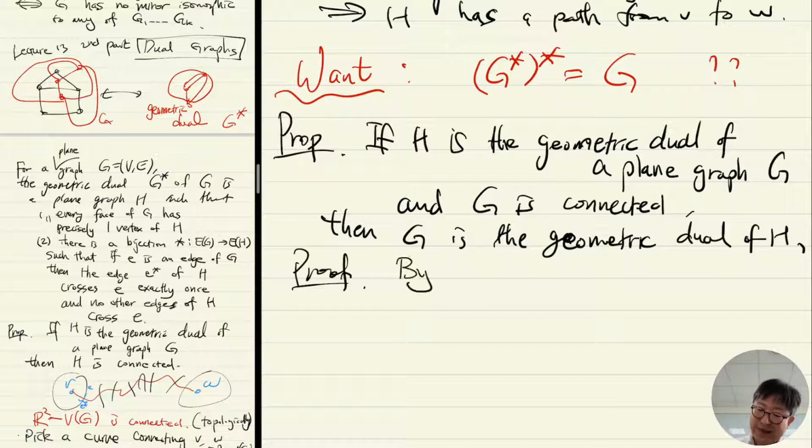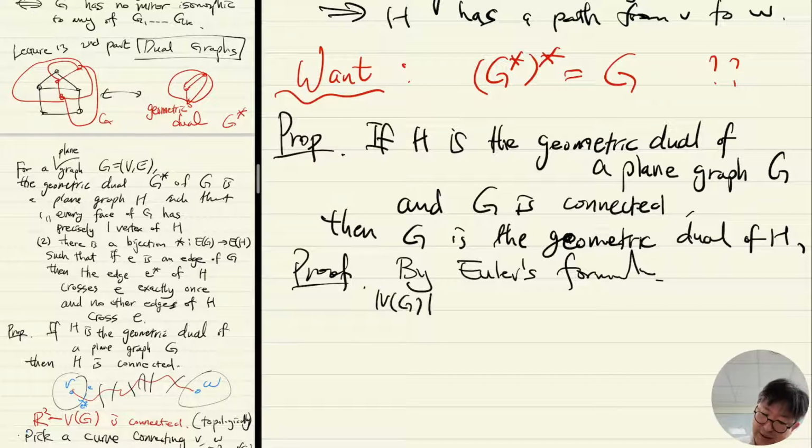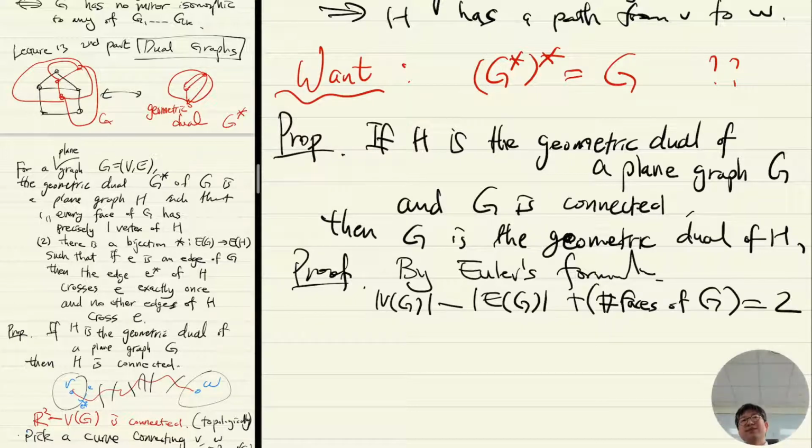By Euler's formula, the number of vertices minus number of edges plus number of faces of G is 2, because the graph is connected.